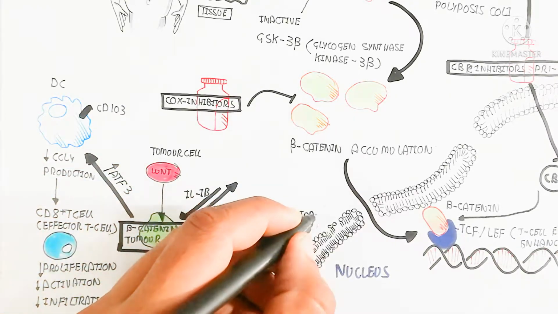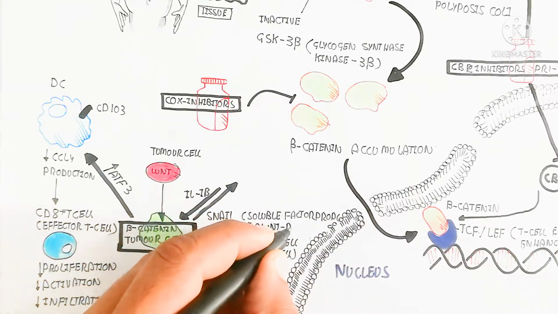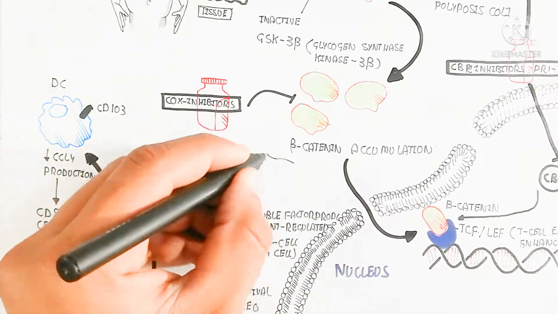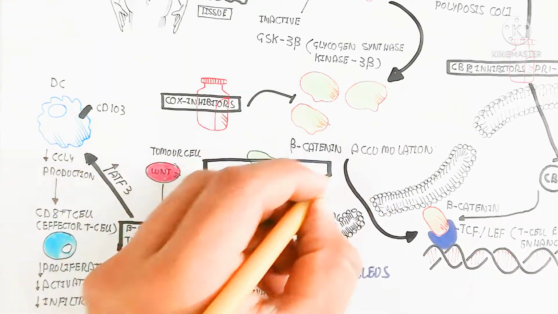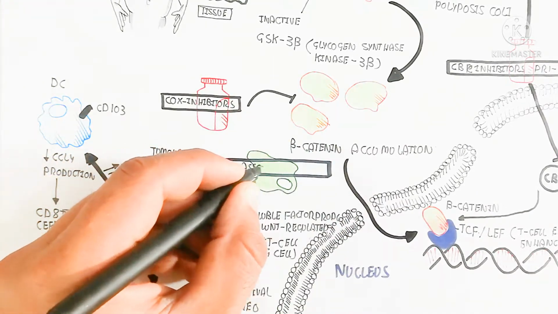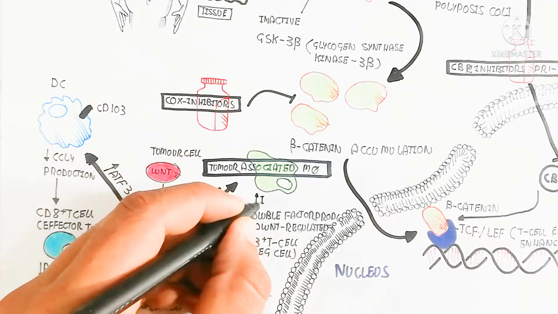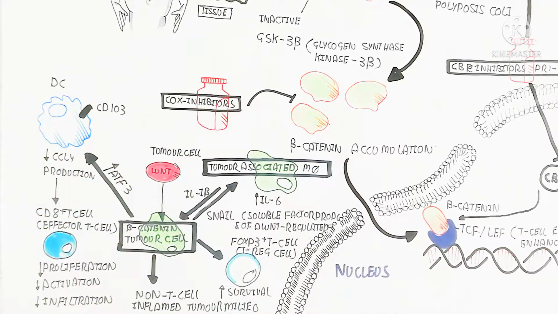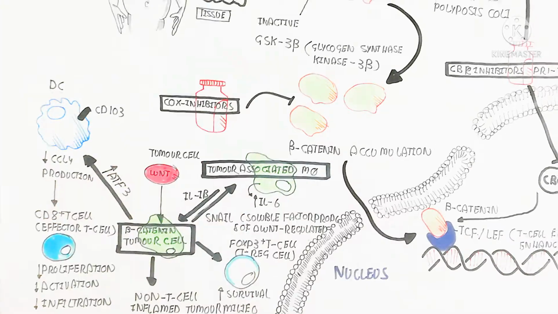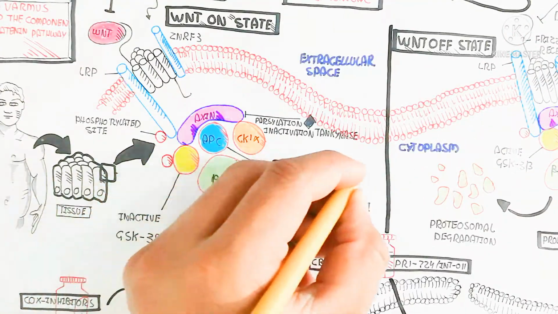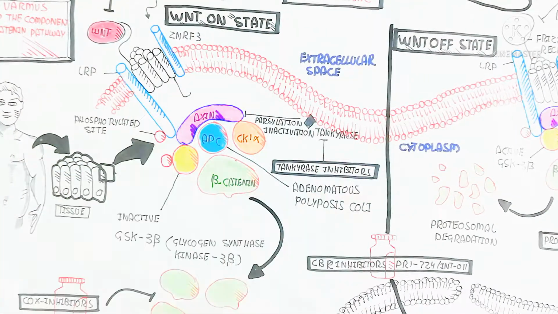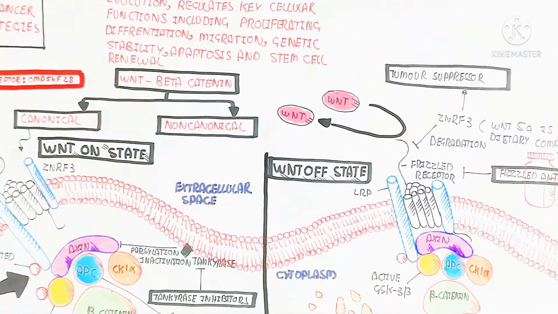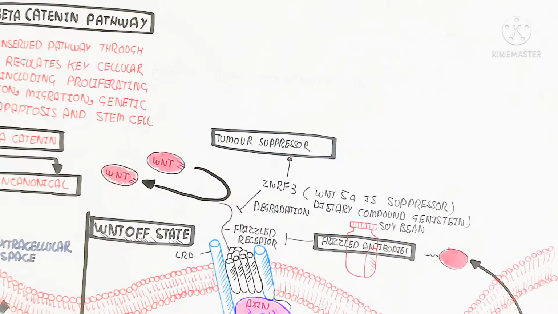While here is the interleukin 1 beta will be produced, and snail soluble factor produced by Wnt regulated, and that will produce the interleukin 6 due to the tumor associated macrophage, and this tumor associated macrophage will produce increased interleukin 6, and in this way tumor associated macrophages will increase, and this interleukin 1 beta will be increased from the tumor associated macrophage, which leads to the beta catenin tumor cell being increased and enhanced.